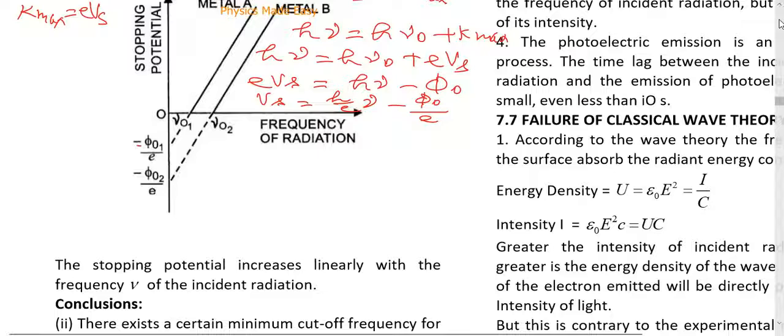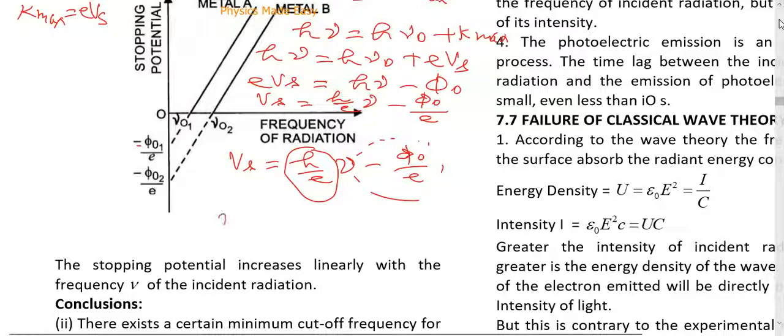So Vs is h by e into nu minus phi naught by e. Now this is the slope, and this part is the intercept. So m is the slope, h by e, and c is the intercept, minus phi naught by e.